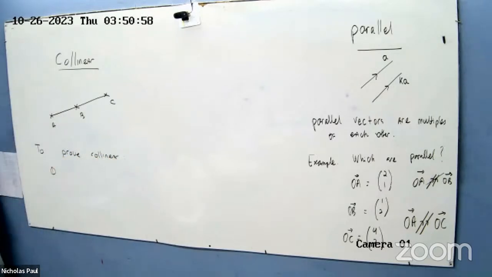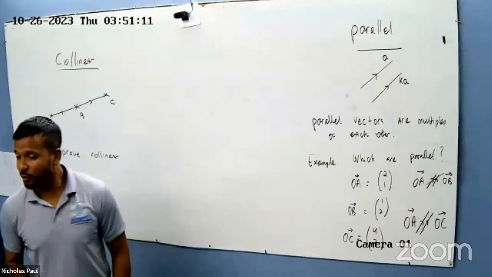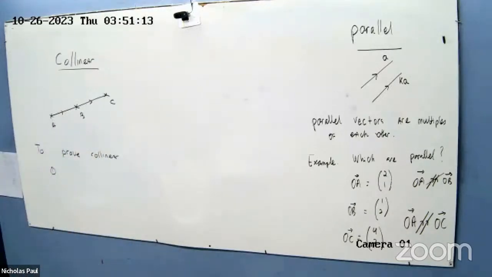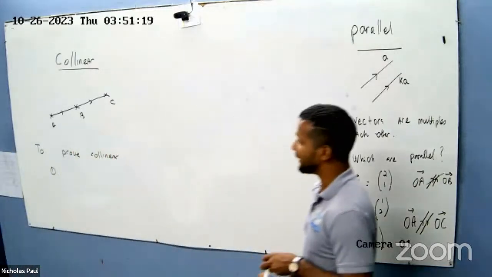Right? We have a few things to prove. So collinear means we have to show that the 3 points are on the same line, using a vector method.